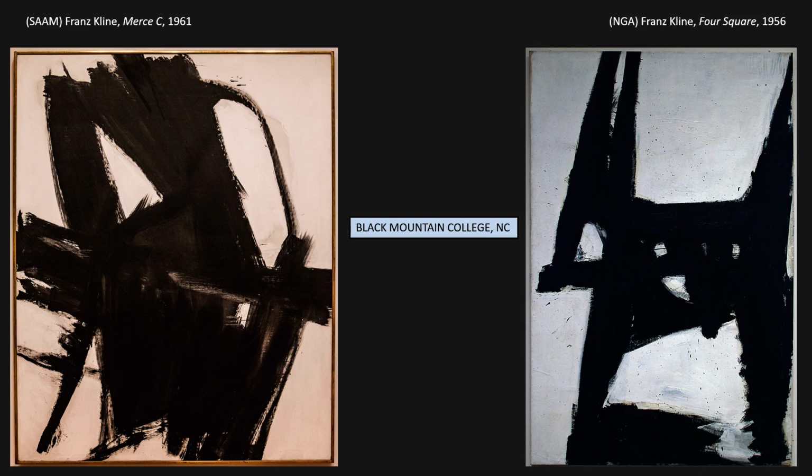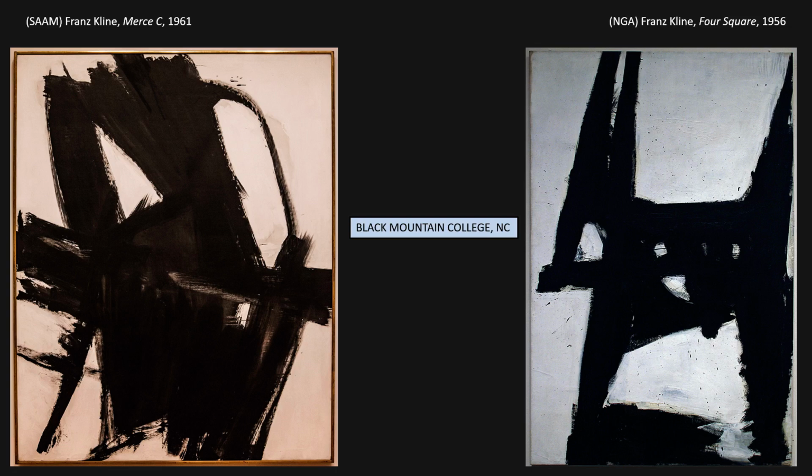To appreciate dance, you appreciate the way in which the movements of the dancer affect the space around it, engage with that space. And so Kline sees the two primary vertical blacks as being dancers that are engaging the space, the whites, around them.